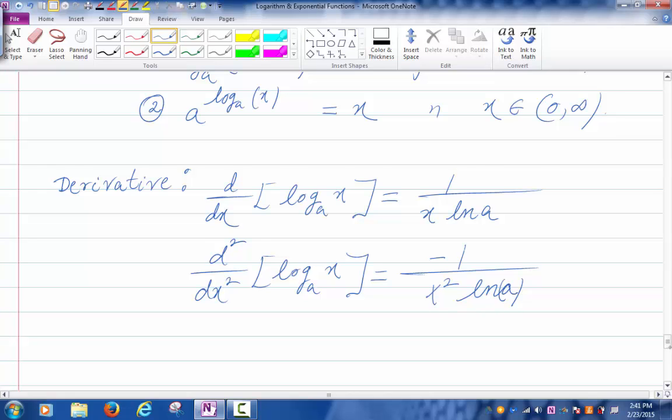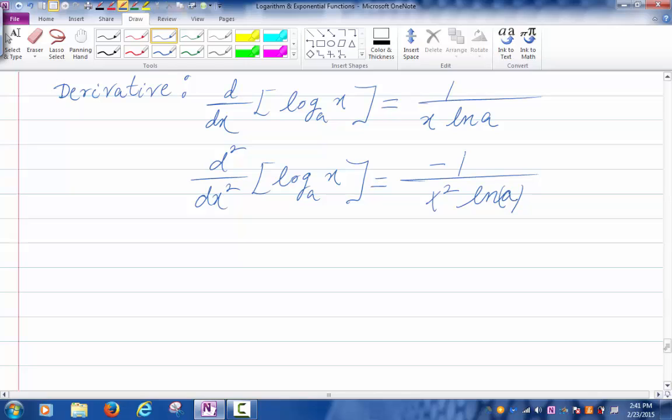Now I do want to speak about how I got that derivative, because whenever you have a pair of inverses, if you know the derivative of one of them, you can find the derivative of the other one by the process that I'm going to employ now. And this is important because you're going to do the same thing for finding the derivative of hyperbolic sine, hyperbolic cosine functions, and so on.